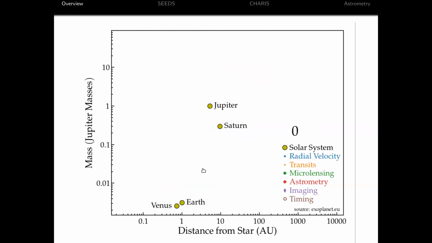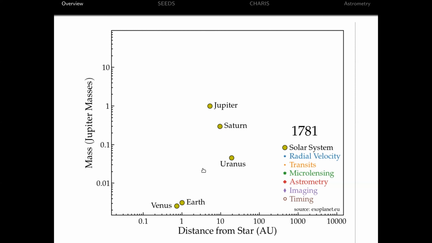So watching this movie play one more time, we see the progression from ancient times when we knew just a handful of planets, the bright ones that you can see in the night sky, and of course our own Earth, to the Enlightenment and after the Enlightenment, when we discovered new planets for the first time. 1781 was the discovery of Uranus, and then Neptune in 1846, discovered by the gravitational tug of the unseen planet on Uranus.